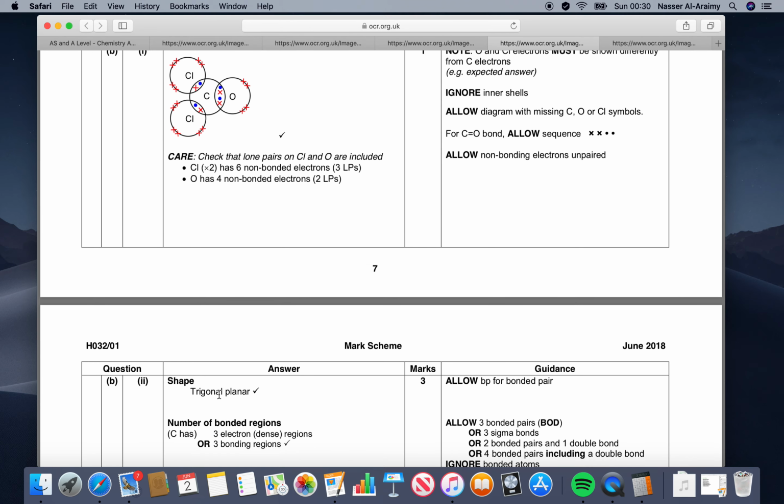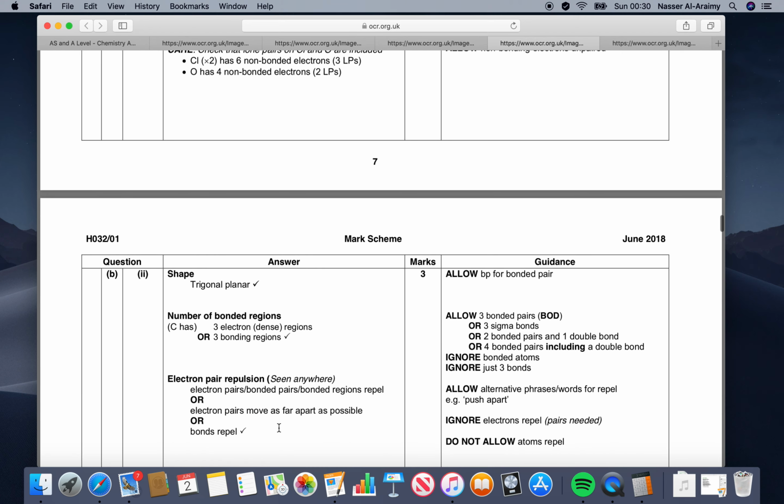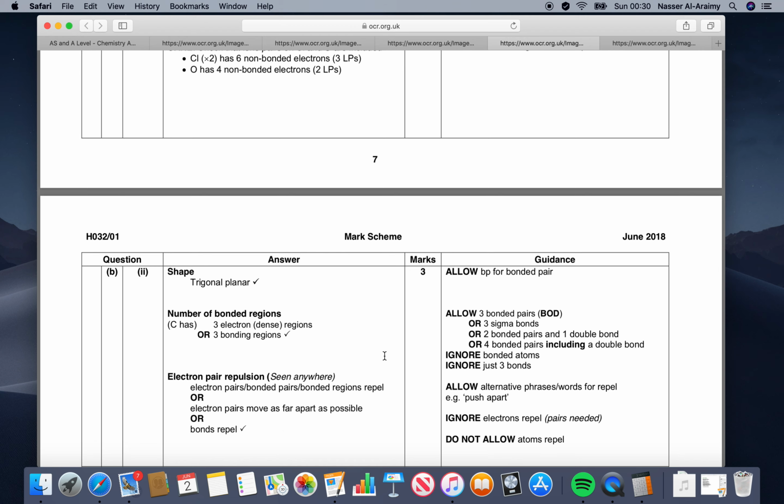Yeah, see, trigonal planar. They did it as it is. So in your exam board, you can actually just get away with saying allow three bonded pairs.